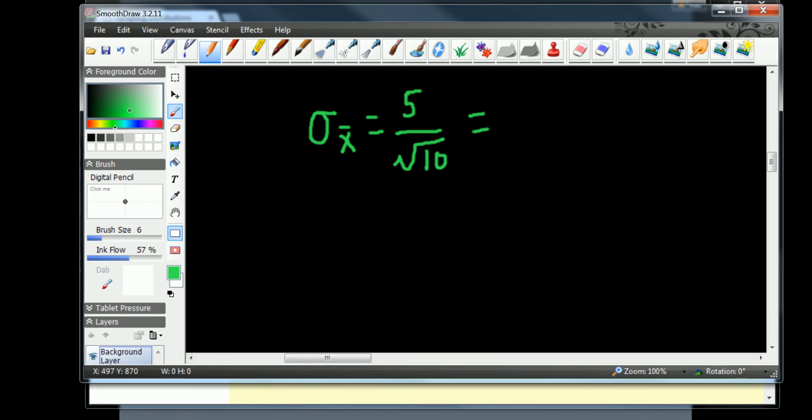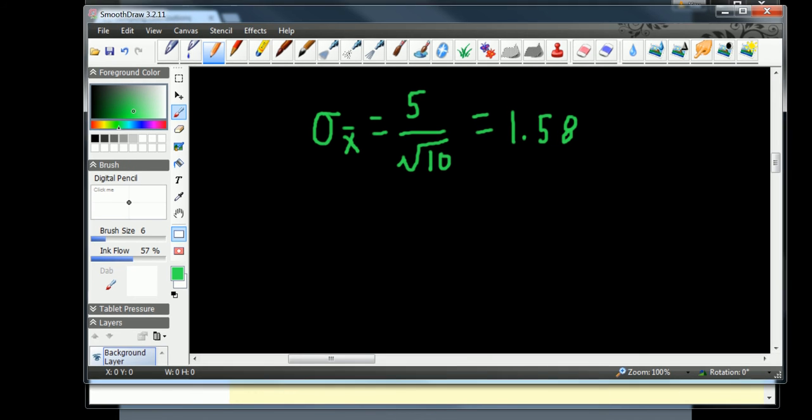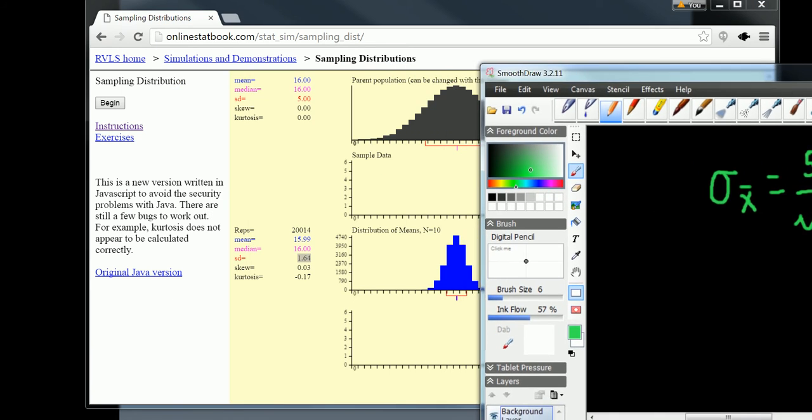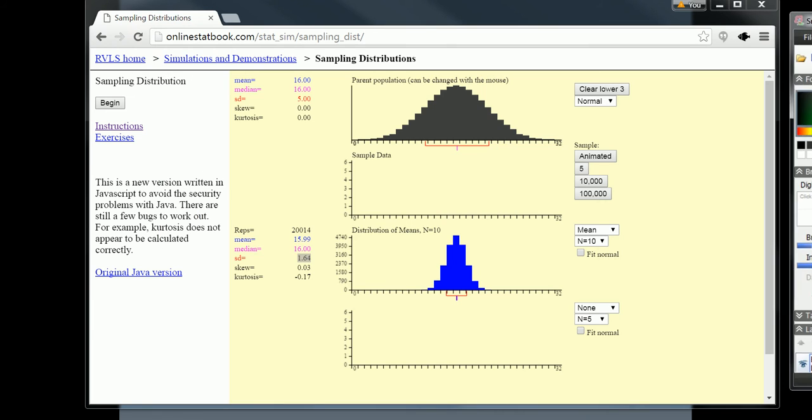And we get 1.58. Roughly 1.58 is what the standard error is mathematically in this situation. Now with the simulation, it might be a bit off, but I bet it's rather close. What did we have? 1.64, so pretty close.